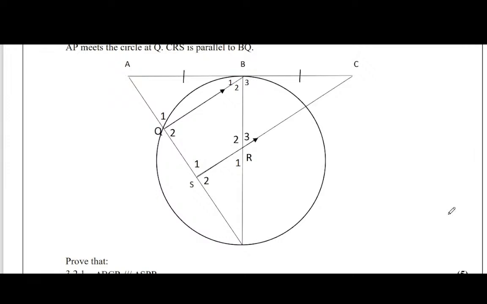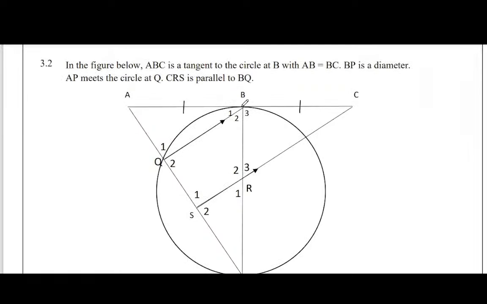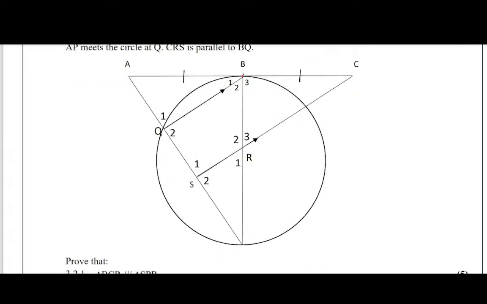We know a tangent is just a line that touches the circle at one point, here at B. AB is the same as BC, already indicated for us, and then BP is a diameter.